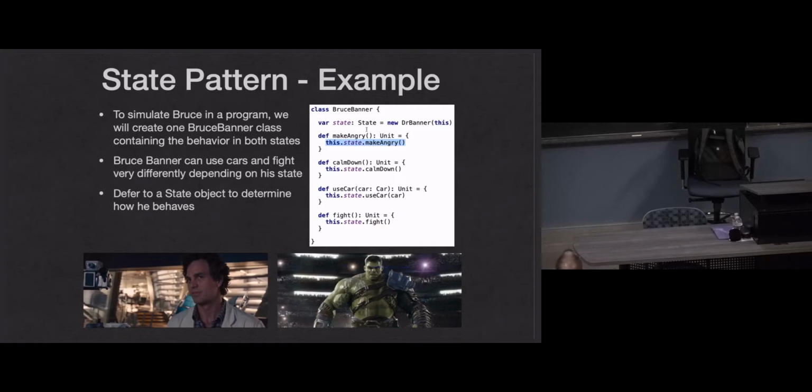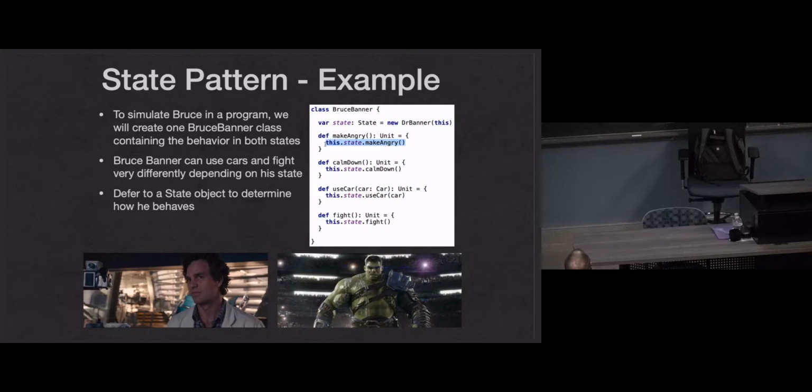Instead, we're going to defer to the state. And by the way, I'm going to say the word state like 100 times in this lecture, at least 100 times. We're going to defer to the state for the actual behavior that we should get. So when I call make angry on Bruce Banner, I don't know what it's actually going to do. I'm just going to tell the state, hey, state, make angry was called. What do we do when someone makes us angry?